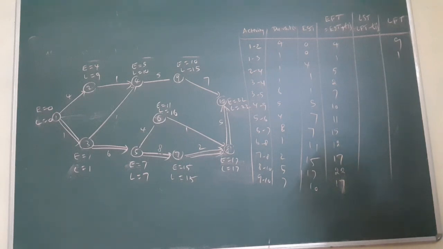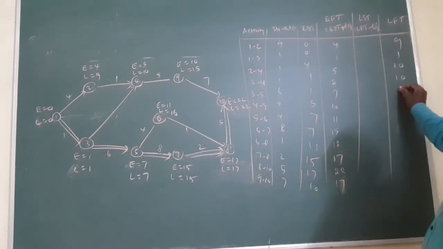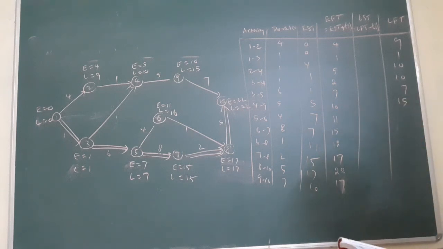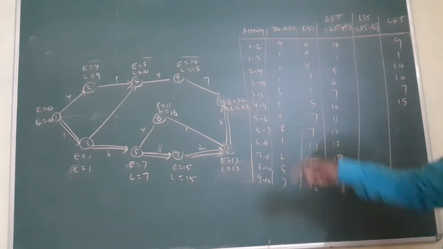2 to 4, L is what? 10. 3 to 4, L is 10. 3 to 5, L is 7. 4 to 9, L is what? 15. Am I right? Next one is 5 to 6, no?